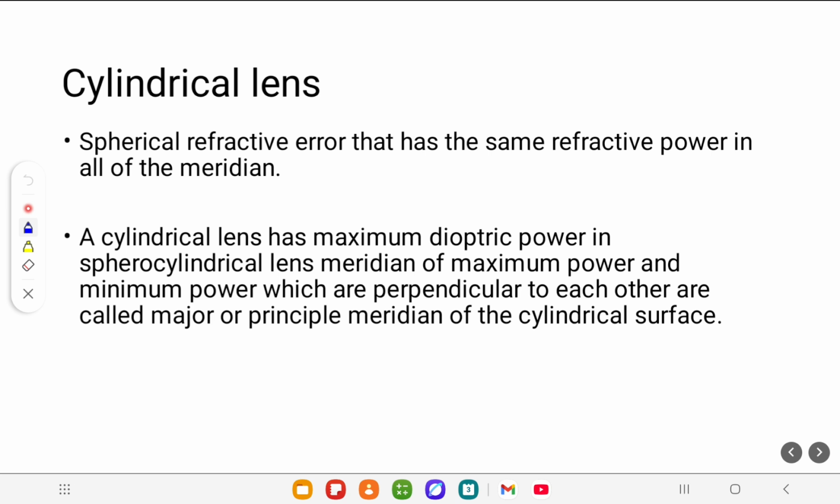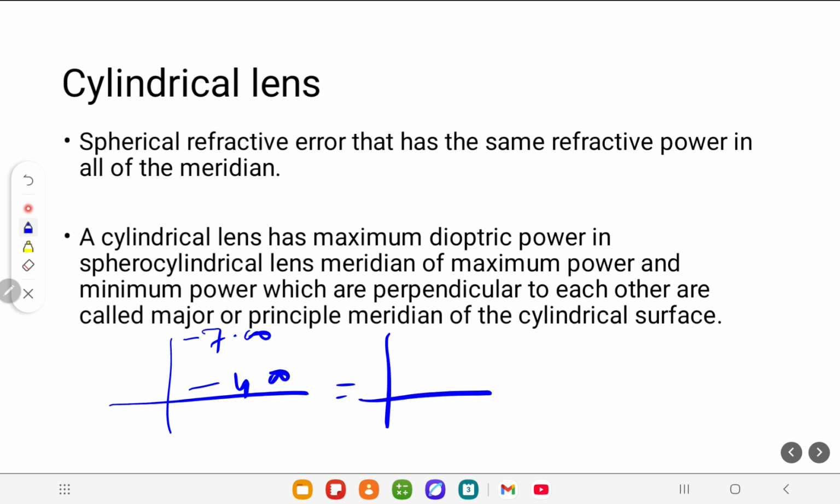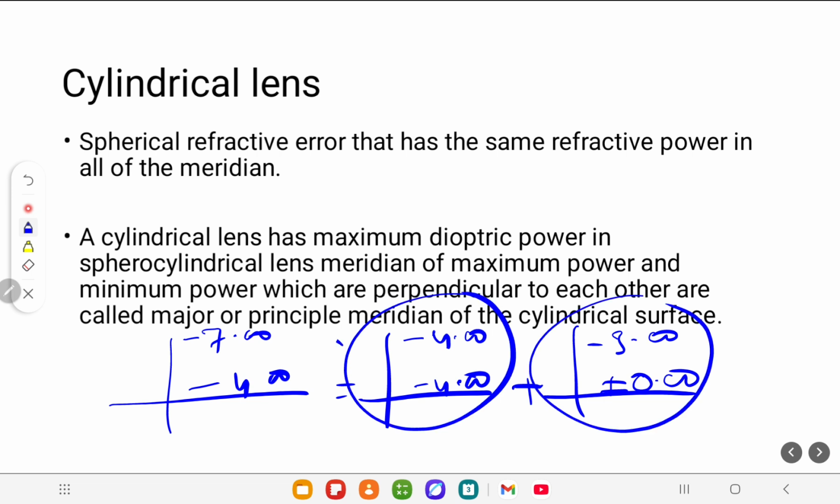So in this case, if here is 7 diopter and there is 4 diopter, for example, then we can again divide it as 4 diopter, minus 4 diopter, and plus minus 3 diopter, plus minus 0 diopter. Together they form this, isn't it?